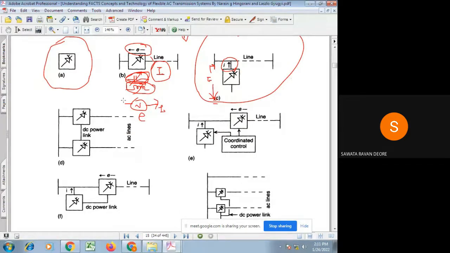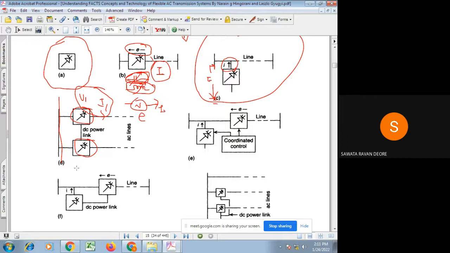Series controller. As I was giving you the example, suppose there are two AC transmission lines connected in parallel to one particular bus bar, and both are provided with their individual series fast controller. This series fast controller is injecting voltage V1, and how it is in phase relationship with the current flowing through that line decides how it injects or absorbs real and reactive power with the line.